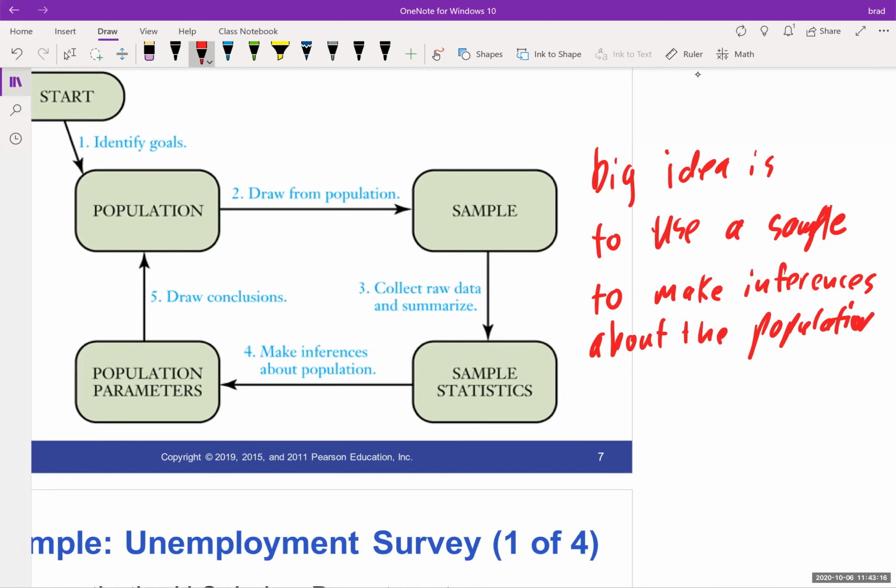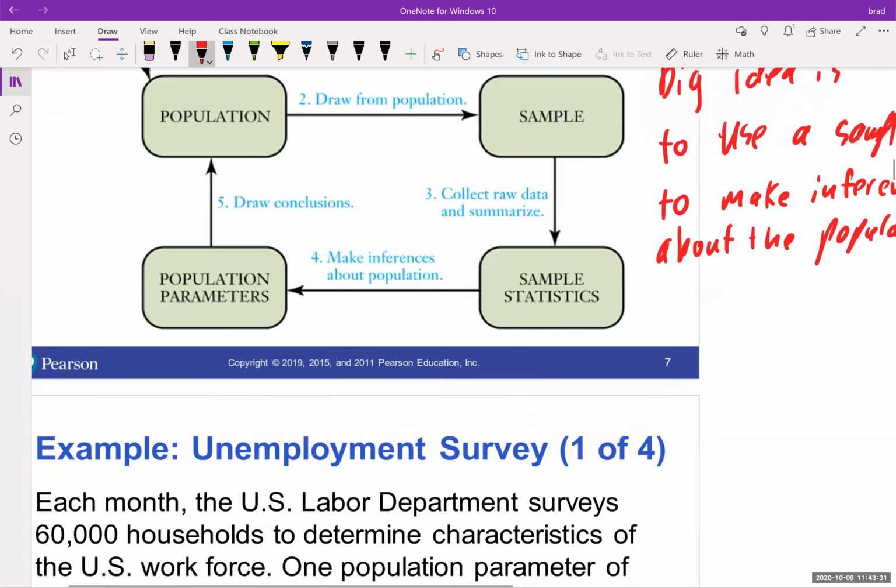You want to be able to talk about the population, but it's too big, so you use a sample to talk about it. And then there's a lot of math behind it. We're not going to go so much into the math part. We're going to go more into the definitions, the terminology, and the ideas behind it, okay?